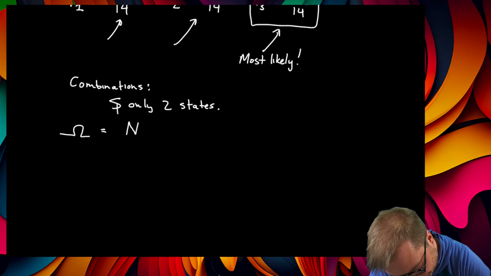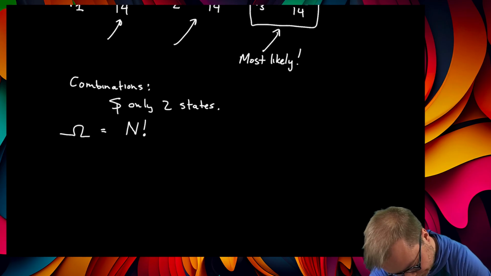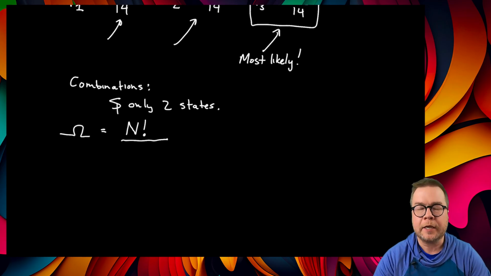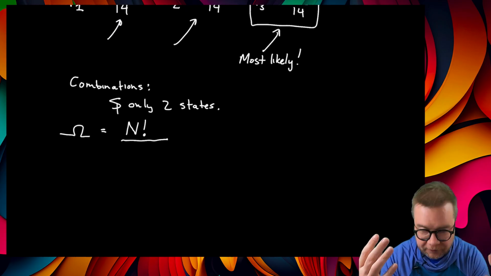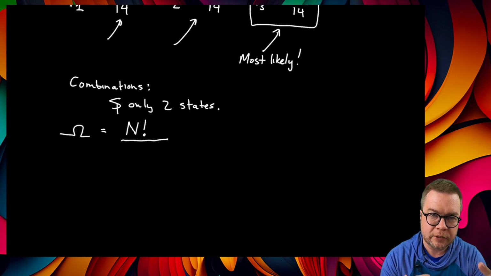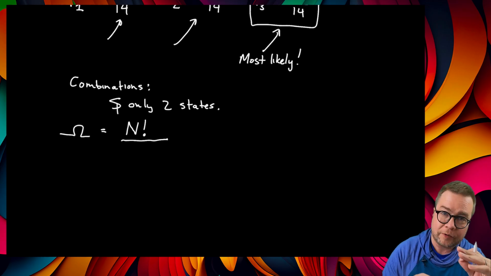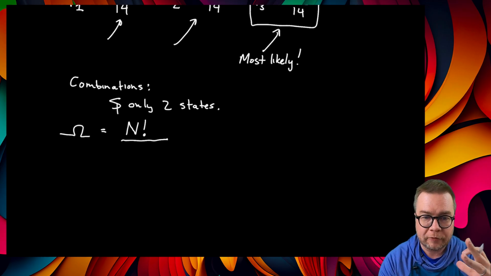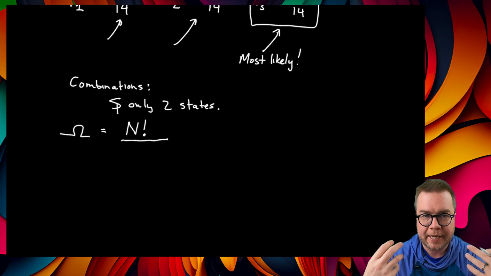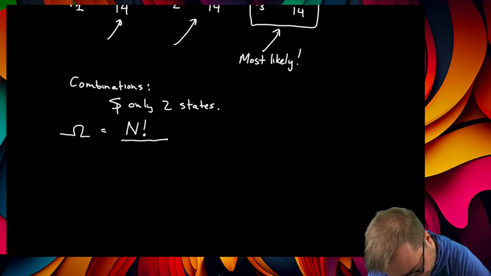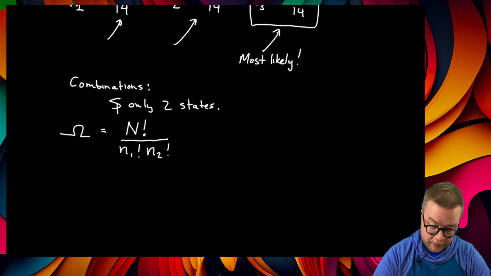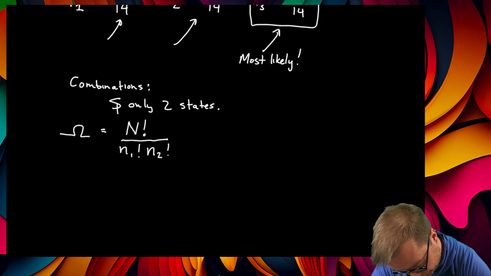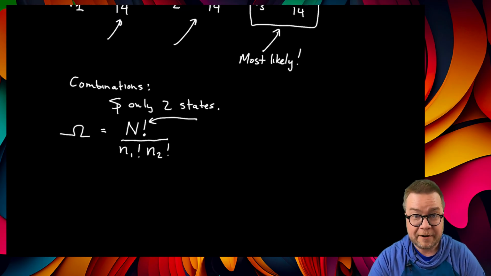So I can compute the number of different ways that I can rearrange particles in a certain configuration. If I only have 2 states, the ways that I can rearrange the particles between those 2 states, I can count those. And I can count them like this. Okay, so in an expression like this, this is n factorial.